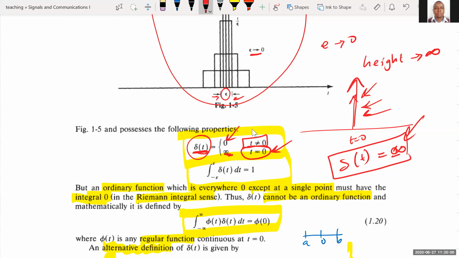And you can see where the one comes in mathematically: the integral from minus epsilon to epsilon of the delta function, which is looking for the area of this graph, gives you a 1.